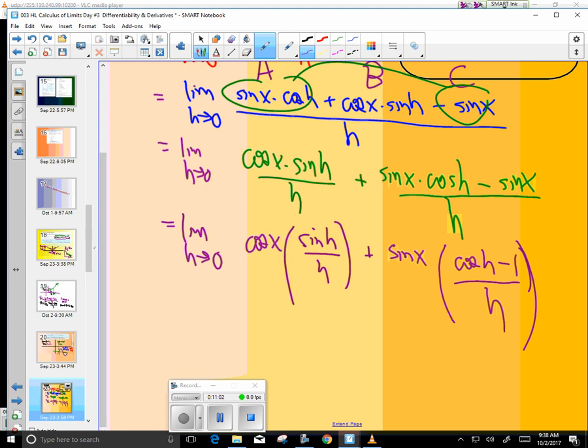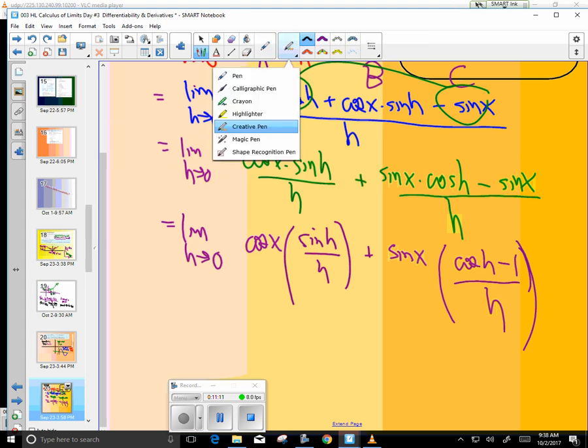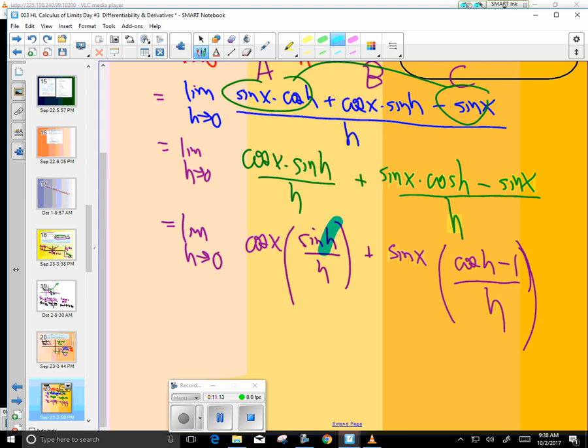And let's see something wonderful happen. What's something wonderful that's going to happen? What is sine h over h? Love it. 1. And what's this equal to? 0. Yes.